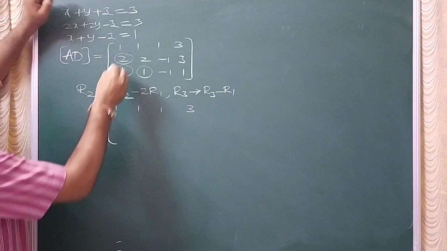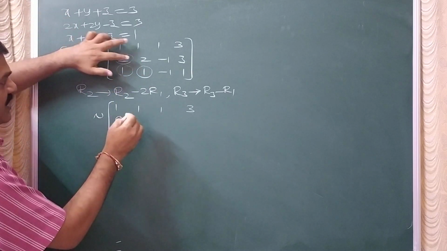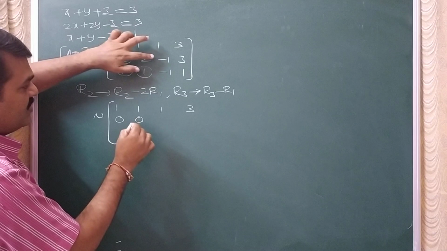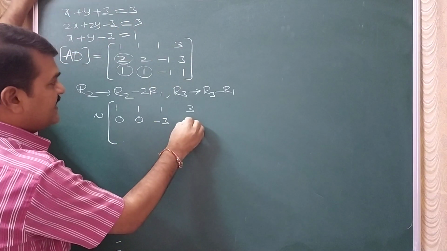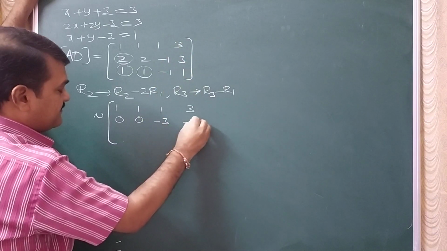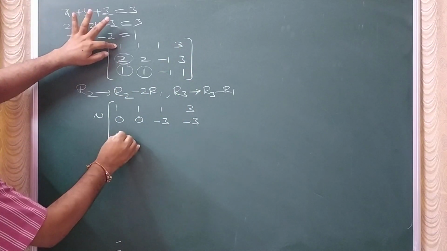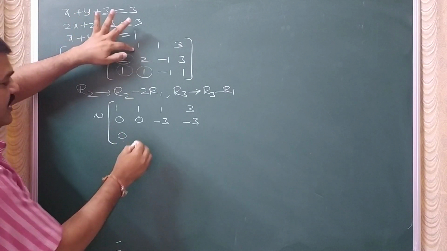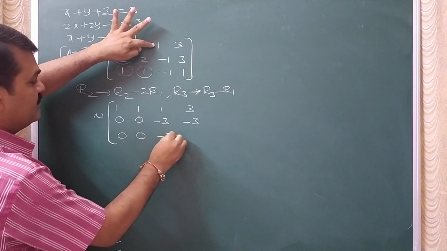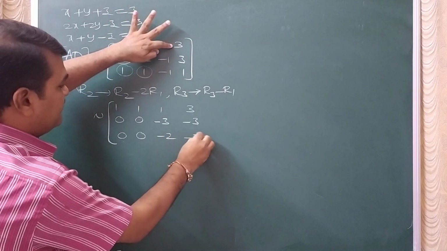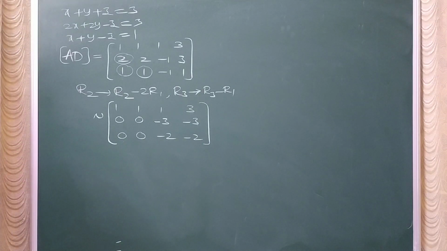Second row, R2 minus 2 R1: 2 minus 2, again 2 minus 2, minus 1 minus 2 and 3 minus 6. Now we take R3 minus R1: 1 minus 1, again 1 minus 1, minus 1 minus 1 and 1 minus 3. So we will get like this.